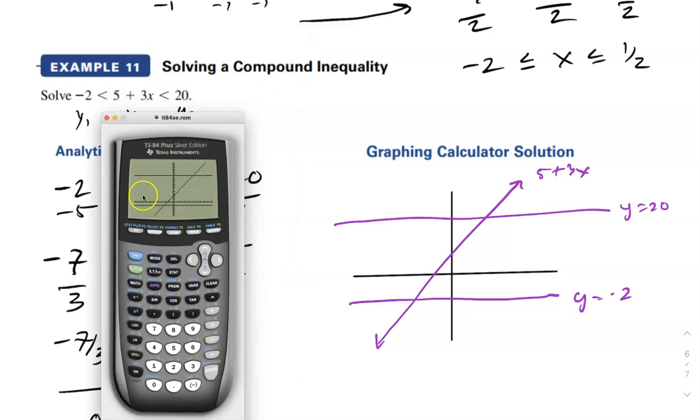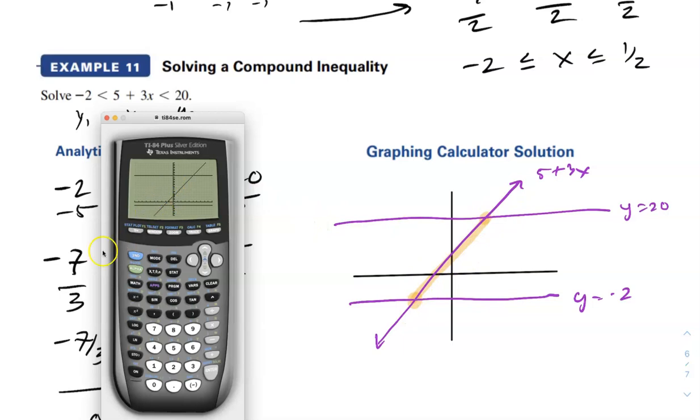When is 5 plus 3x, which is this line, in between, when's it less than 20 but greater than -2? Like basically when's it in between the two values? And that should be from here to here. Right? That's when it's in between these two values. Right here, 5 plus 3x is greater than both of them. Right here, 5 plus 3x is less than both of them. When it's in between, when it's in the Goldilocks zone, right here. So all I gotta do is find out what those two values are.